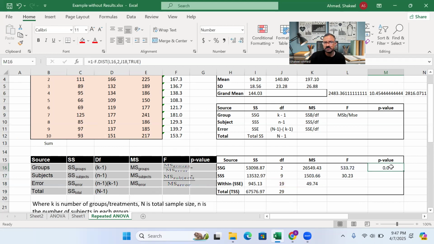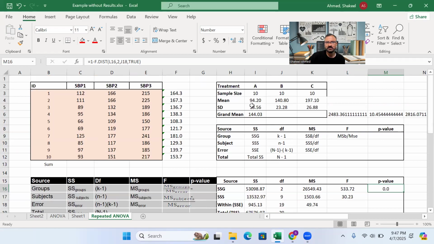So this is the p-value, that is very significant, 0.000. So we easily conclude that the three treatment means are significantly different from each other, and you can again perform a post hoc test to see which pairs are different and which pairs are the same. Thank you.